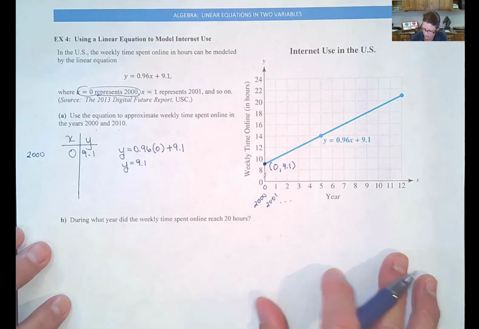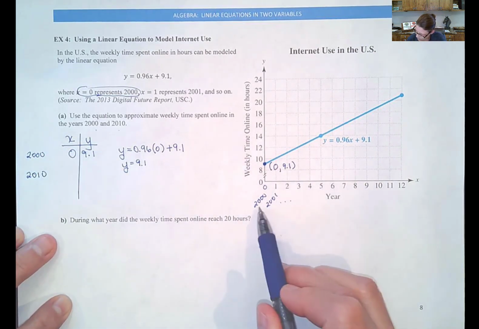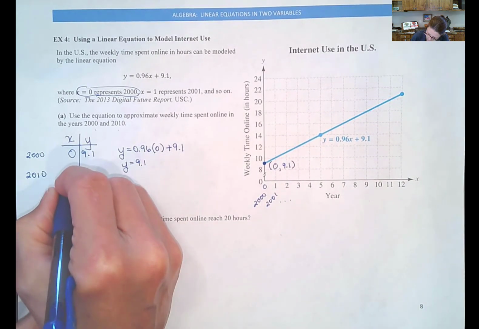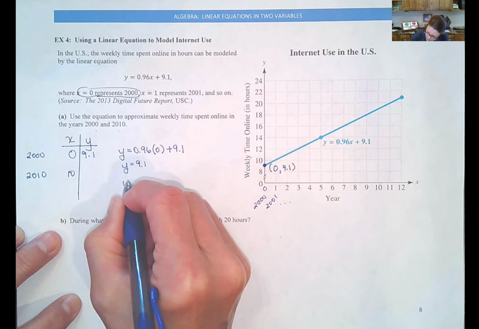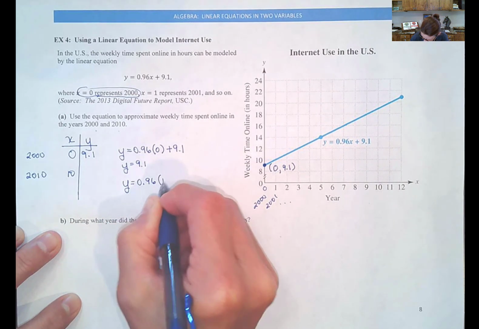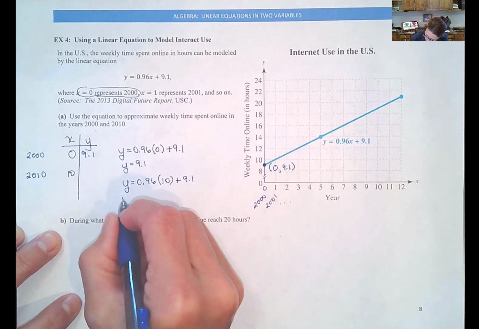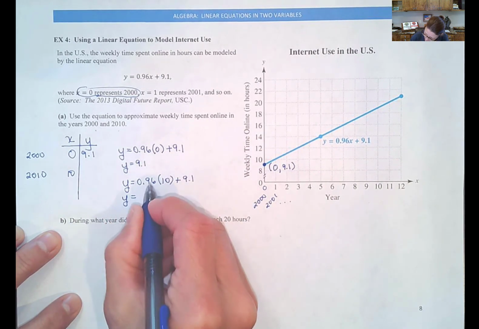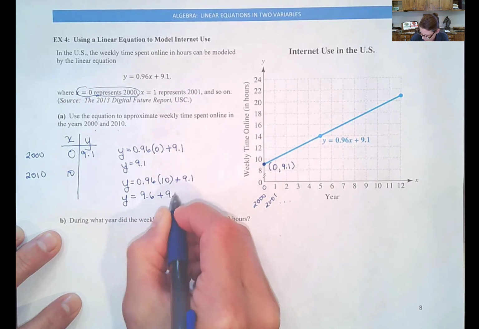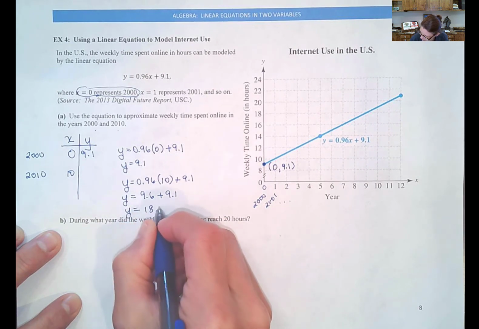How about the year 2010? Well, in the year 2010, x is 10. So substitute 10 for x. Multiplying a decimal value times 10 moves that decimal point one place to the right. And adding there, we get 18.7.